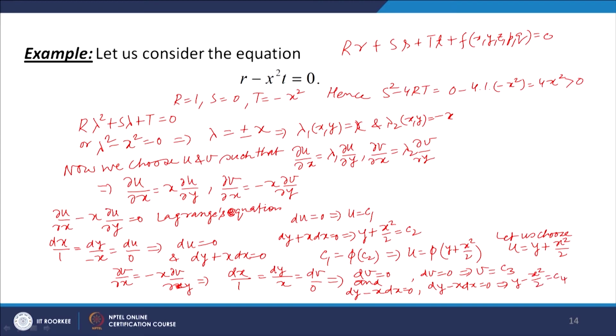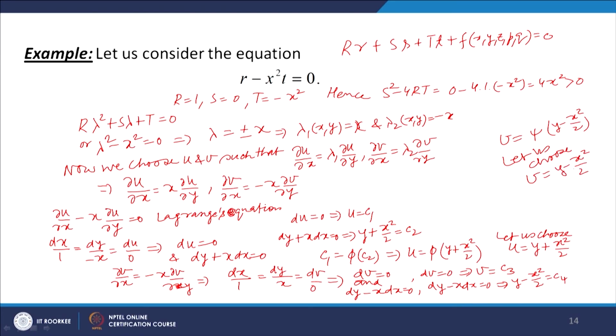So, C3 is a function of C4, and you can say that v is equal to some function, say psi of y minus x square by 2. Let us choose v to be y minus x square by 2.